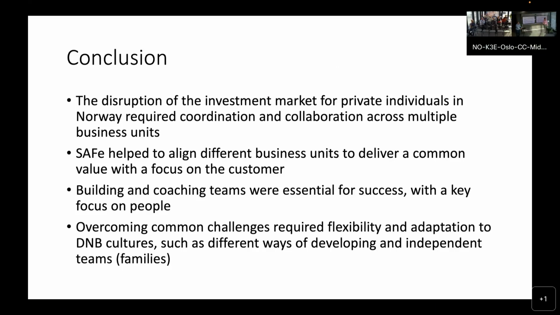I understand that it was the market disruption that gave the opportunity to bring 3 new products to the market, right? Yeah. And when you look at the planning interval, there are a certain number of iterations, and then you're focusing on innovation and planning in the last iteration.